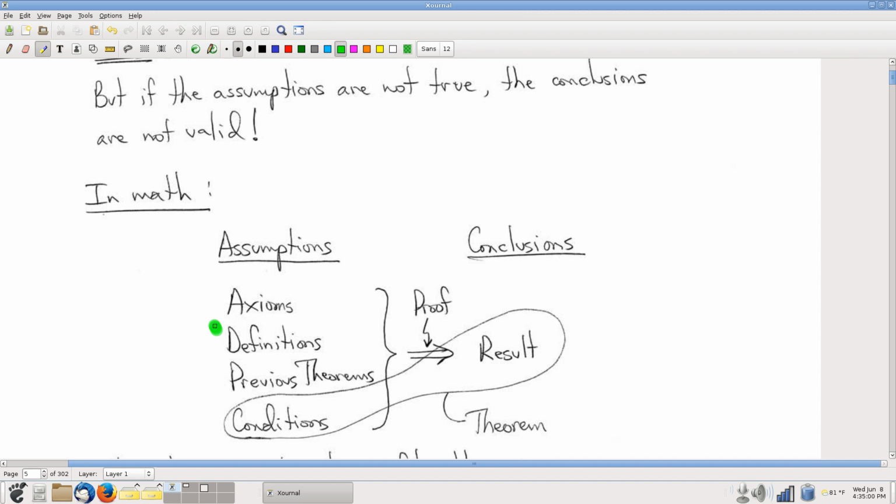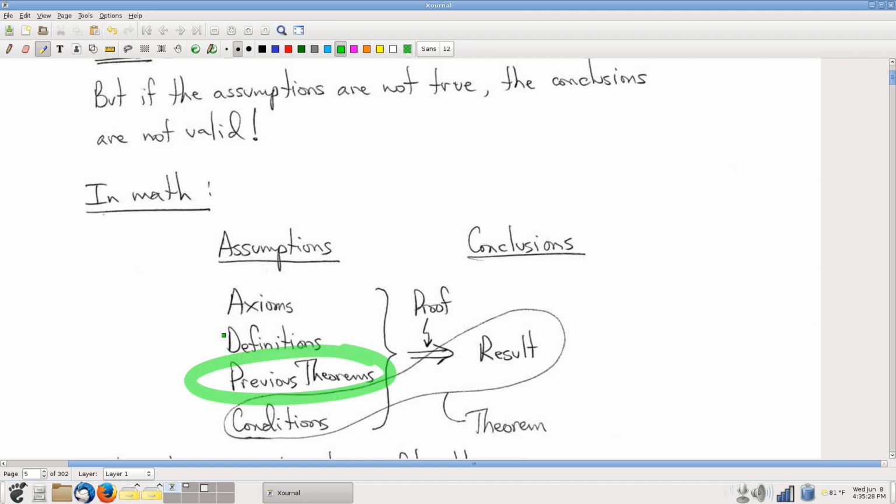Those words have definitions. Those definitions are strict terminology rules. What exactly do these words mean? And if a theorem is stated using those words, then you might have to go back and make a reference exactly to what that word means. So you're allowed to use that in a proof.